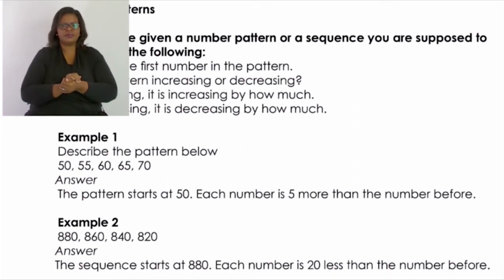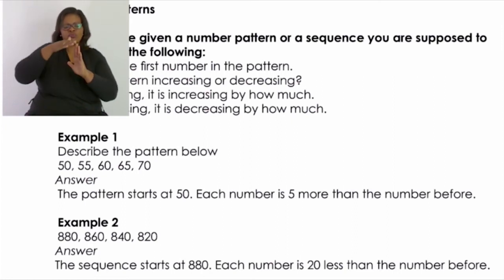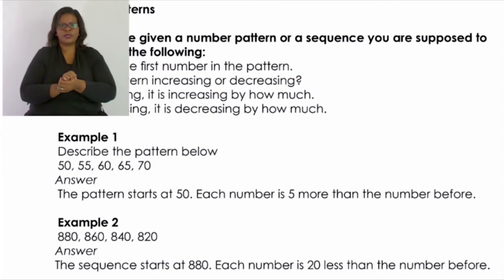But if you go back to our pattern, you are going to see that 880 is followed by 860, meaning to say we are going down. We're having 80, now we are having 60. Then from 60, we are having 40. So if you say 80 minus 60, we are going to get 20. So it means our sequence is going down by 20, meaning to say each number is 20 less than the number before.